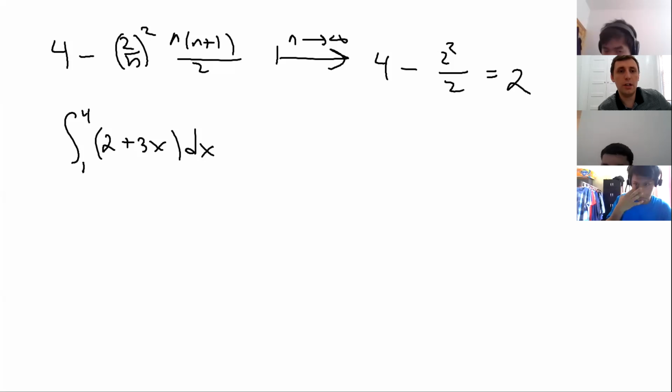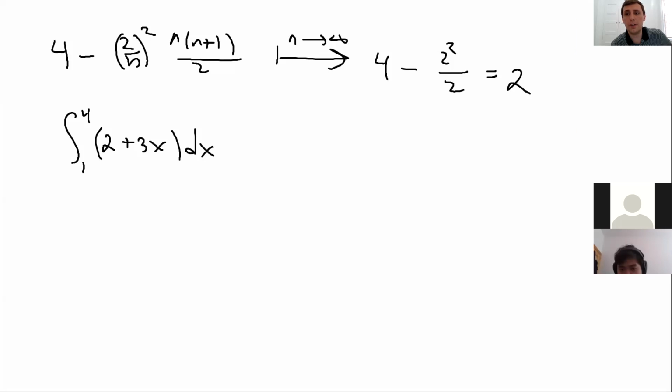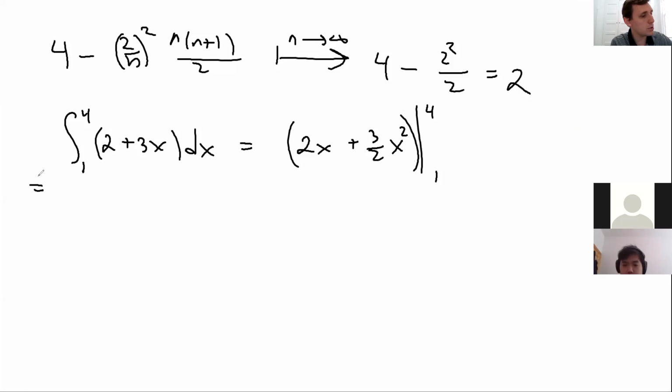All right, let's do it together, guys. And you should work at home and be faster at it. First of all, Francis and some of you, because of our previous lectures, without knowing why that works, the answer will be the same as if I take 2x plus 3 over 2 x squared and evaluate from 1 to 4. Do you agree? That's what we were doing before. That should be 2 times 4 plus 3 over 2 times 4 squared minus 2 times 1 minus 3 halves times 1.